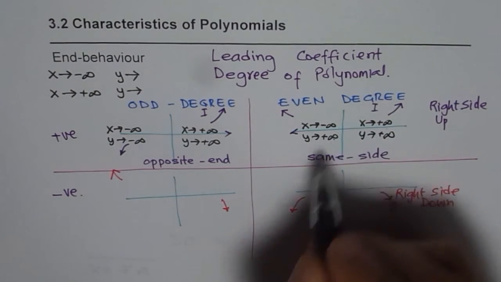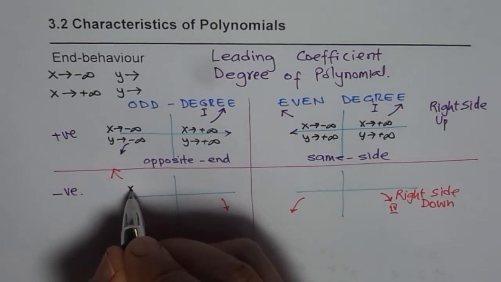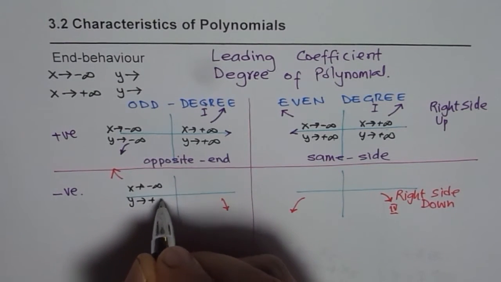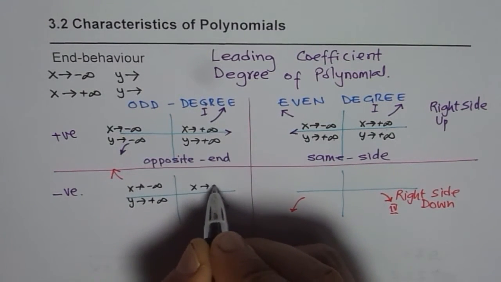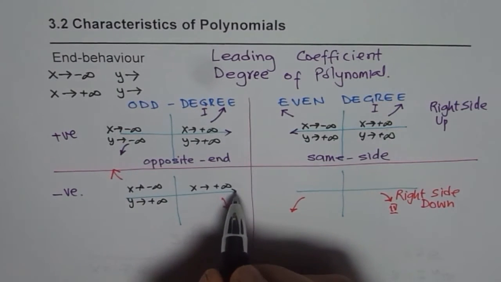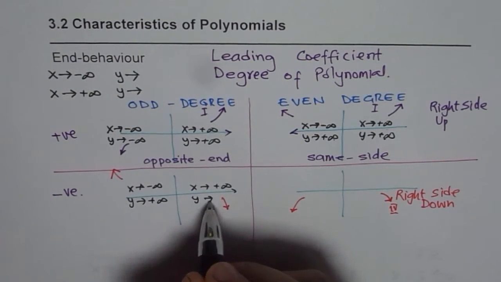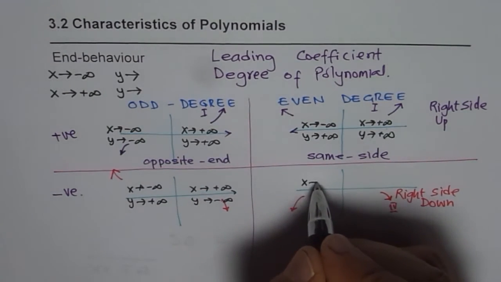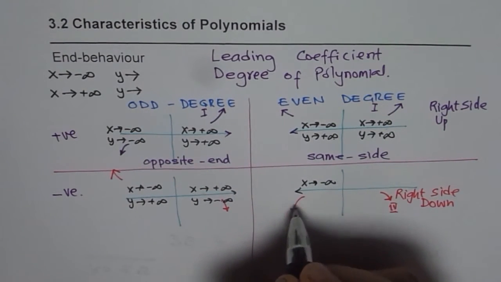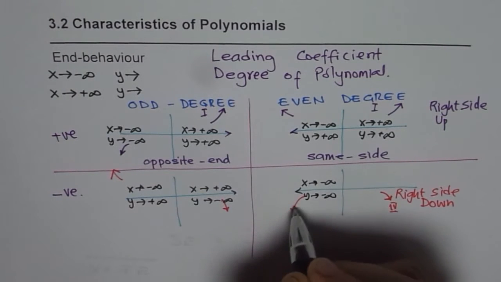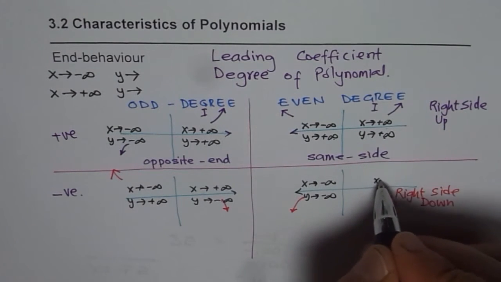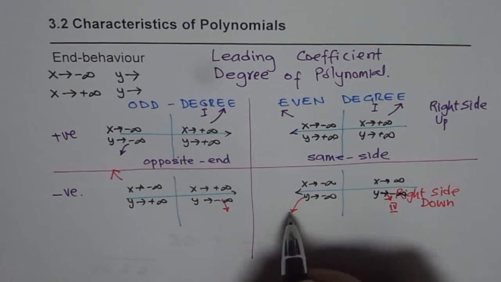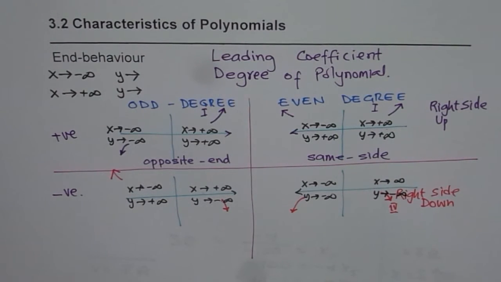Both are on the same side. Here x approaches negative infinity, y approaches positive infinity. If x approaches positive infinity, positive that side, y approaches negative infinity. And here if x approaches negative infinity, that means this side, y approaches negative infinity, going downwards. If x approaches positive infinity, y approaches negative infinity, both sides down. Do you see that part?